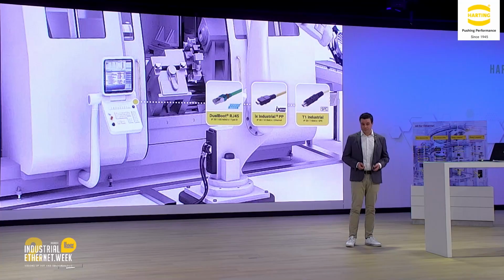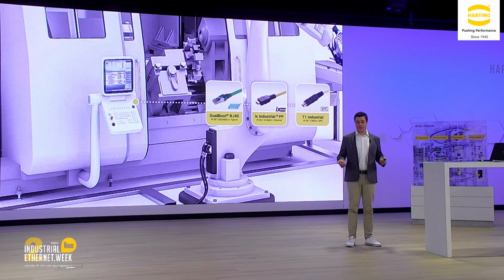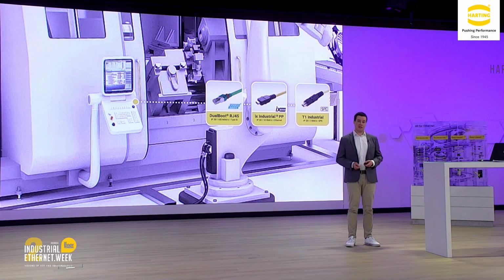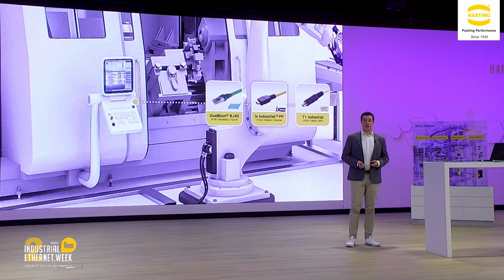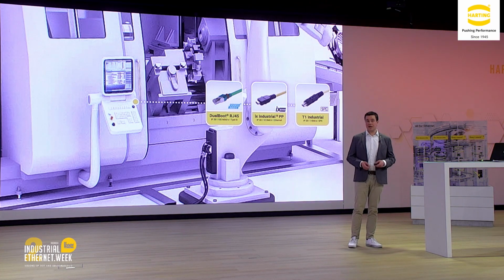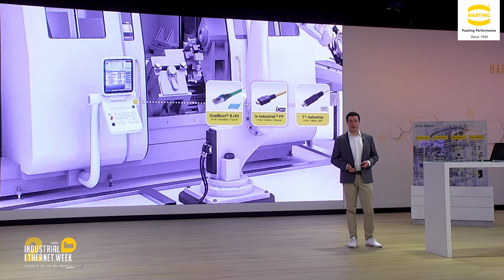And for sure, the data transmission is the same as for an RJ45, so you can transmit Cat6a up to 10 gigabits. But also newer technologies, like single pair Ethernet, are possible here in the IP20 area.